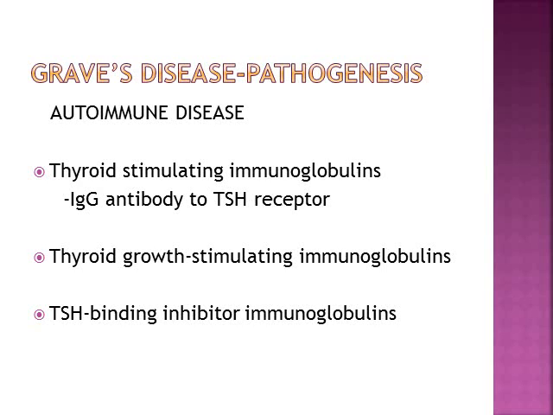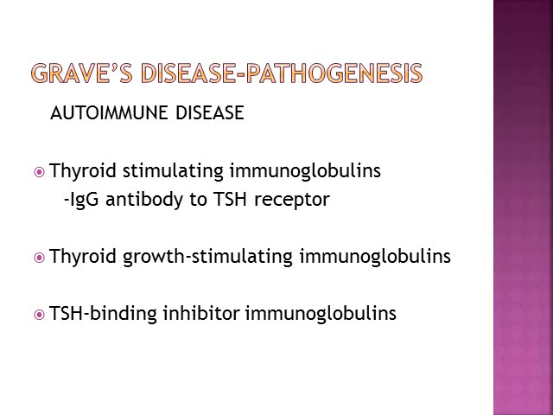There is another autoantibody, the TSH binding inhibitor immunoglobulins. Although the name says inhibitor, they function as TSH stimulators only. They keep stimulating, so obviously more T3 and T4 will be secreted.